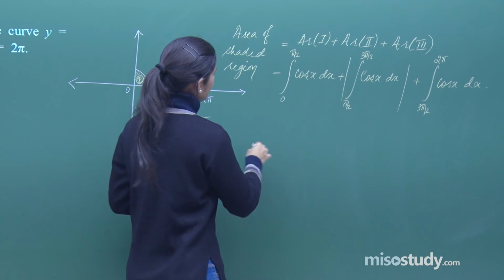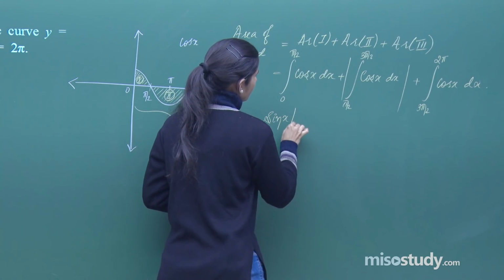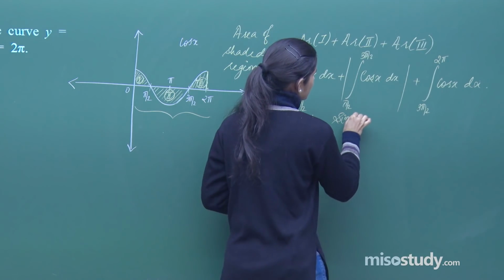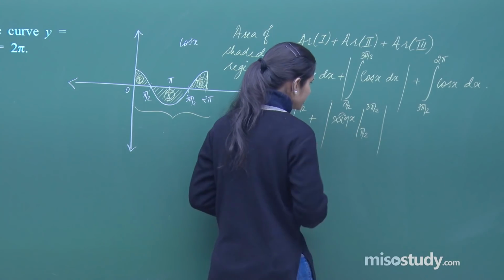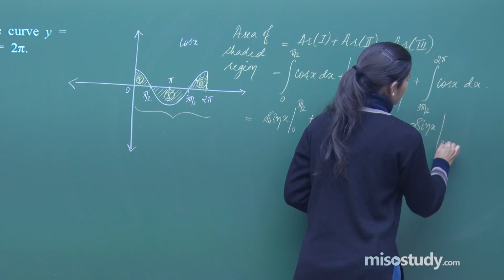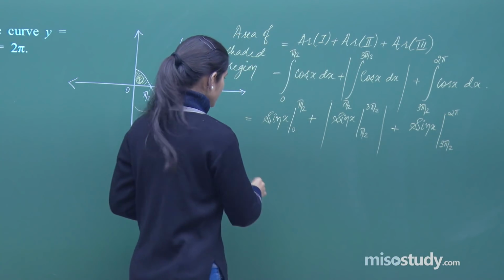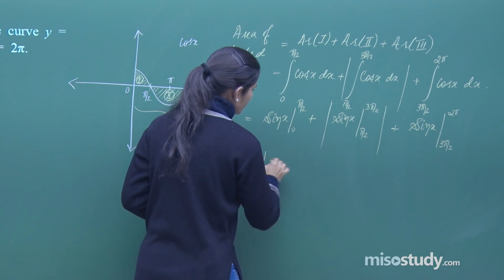In here, this becomes sin x from 0 to pi by 2, plus mod of sin x from pi by 2 to 3 pi by 2, plus sin x from 3 pi by 2 to 2 pi. Sin 90 is 1, sin 0 is 0.